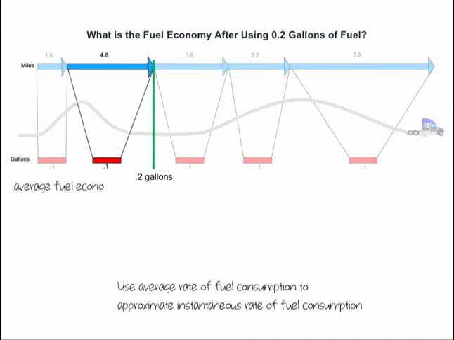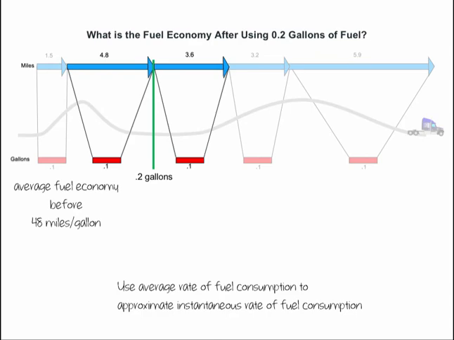Using this interval, we can find the average rate of fuel consumption immediately before the 0.2 of a gallon mark as 4.8 miles per 1/10 of a gallon. This rate, 4.8 miles per 1/10 of a gallon, or 48 miles per gallon, is an approximation of the rate of fuel consumption right at the 0.2 of a gallon mark.